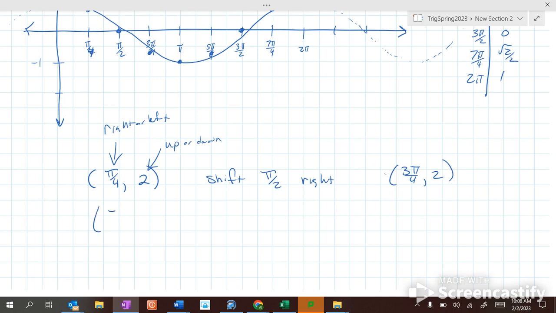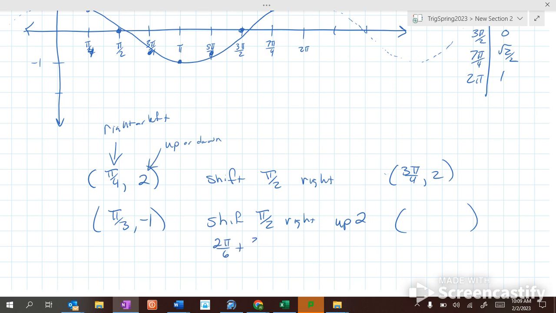What if we have pi over 3, negative 1? We're going to shift pi over 2 right and up 2. All right. Pi over 3 plus pi over 2, we need to get a common denominator. So pi over 3 is 2 pi over 6.